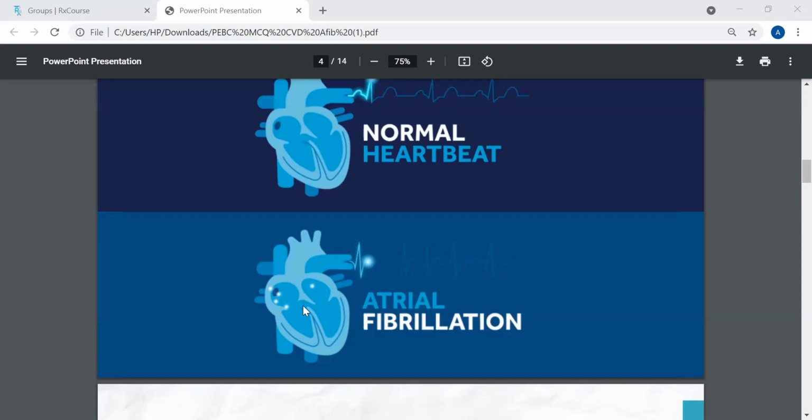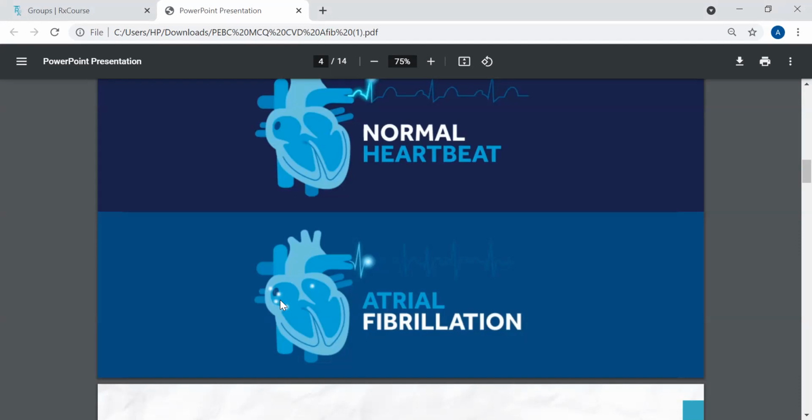After that, in a normal case, after depolarization, there is repolarization, which is filling of the ventricles. Yeah. So the signal moves from the SA node to the AV node, then to the Purkinje fibers, correct? Yes, yes. And what happens in atrial fibrillation?